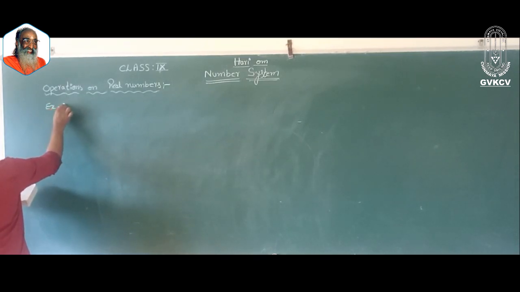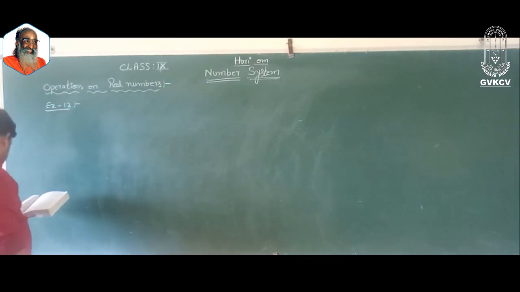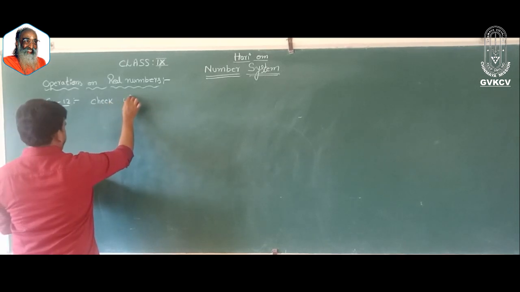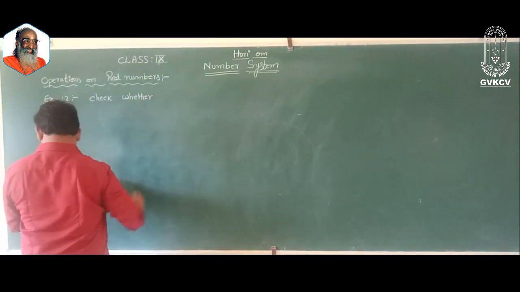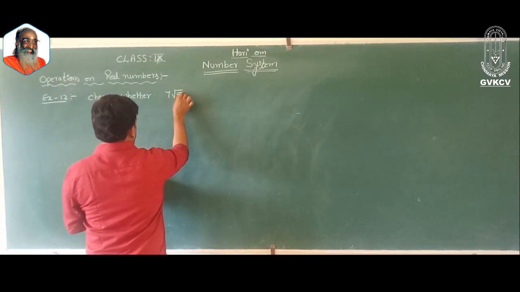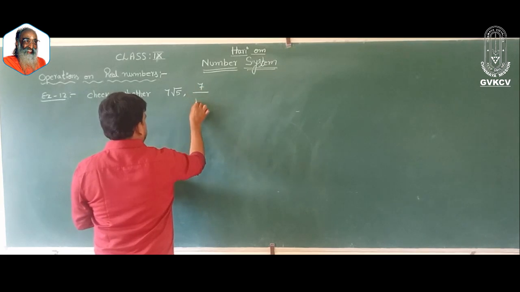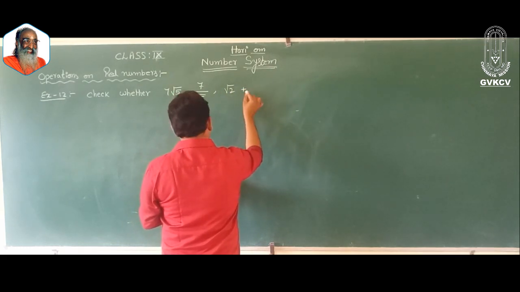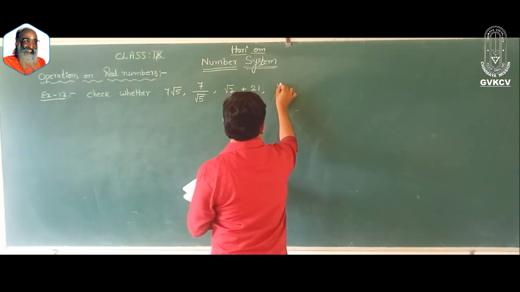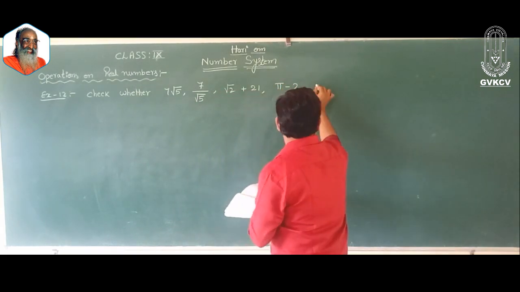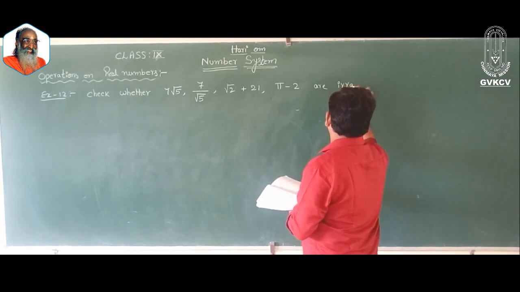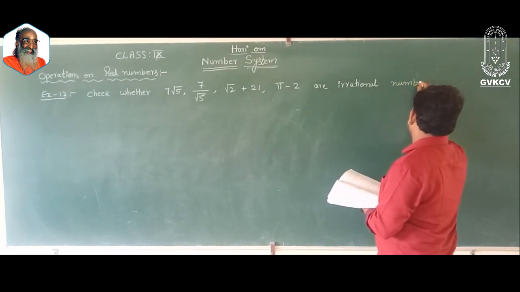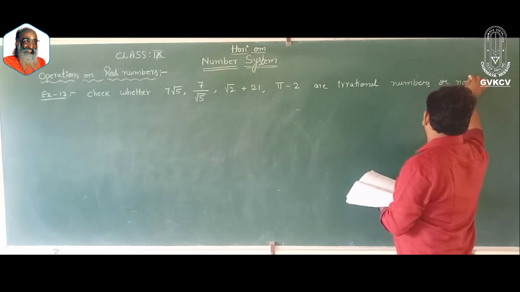Example 12. Check whether 7 root 5, 7 by root 5, root 2 plus 21, pi minus 2 are irrational numbers or not.